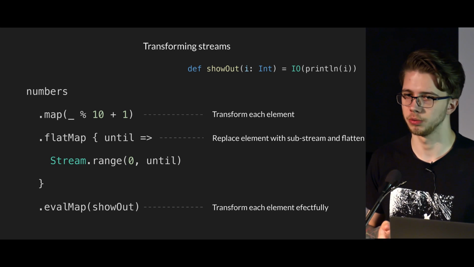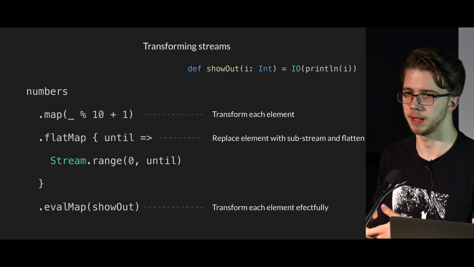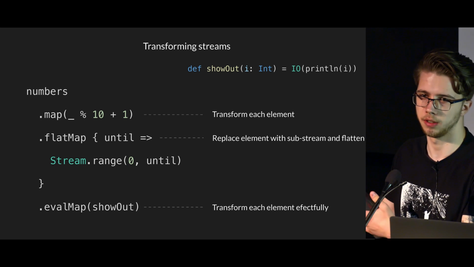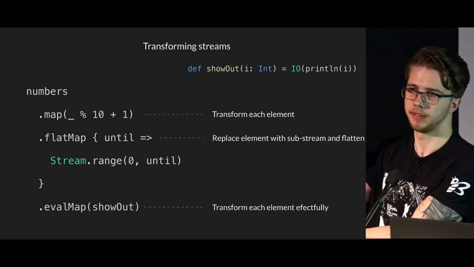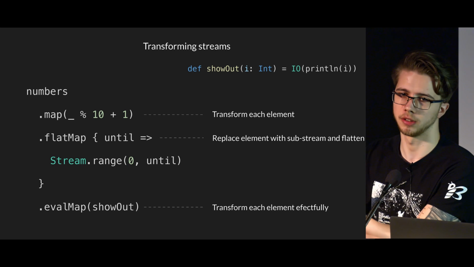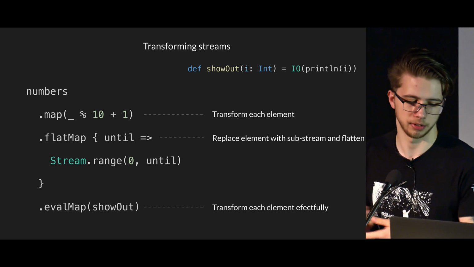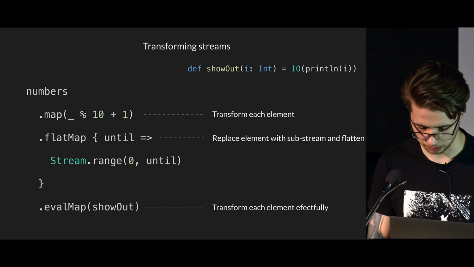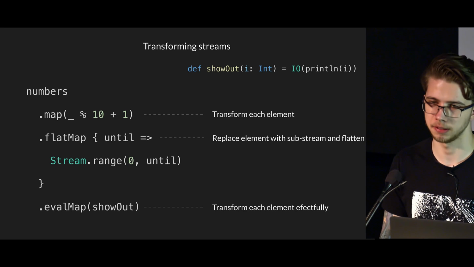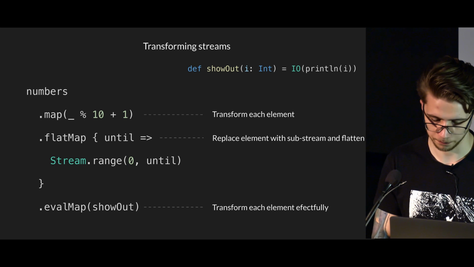If you want to run flat map or eval map in parallel, like have 10 elements being concurrently effectively transformed, then you need to use par eval map or map async with an explicit concurrency level.